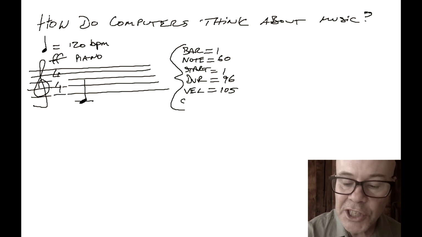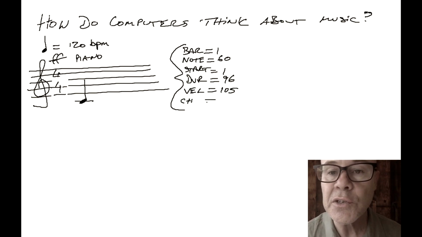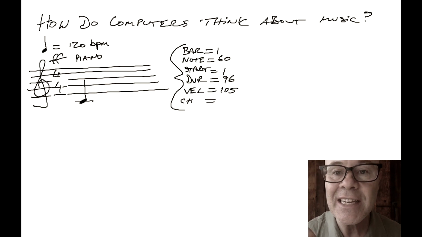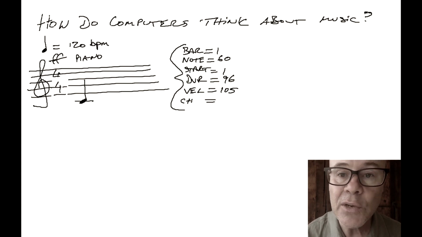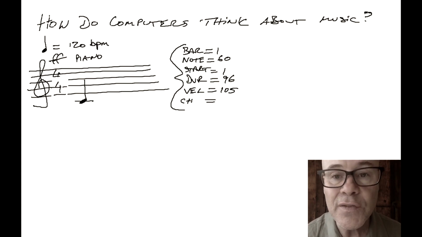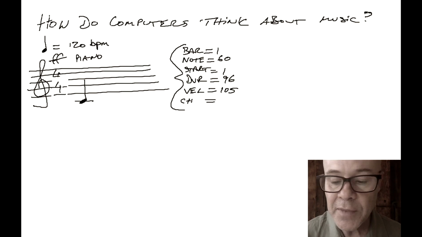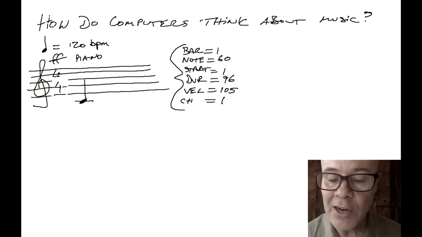We also need to know the channel on which we want this note transmitted. MIDI has 16 channels. And this enables us to assign different channels to each part, so that a sequencer or a musical device can sort the channels and distinguish which of the information it cares about and which it wants to ignore. So we're going to assign the piano to channel 1.